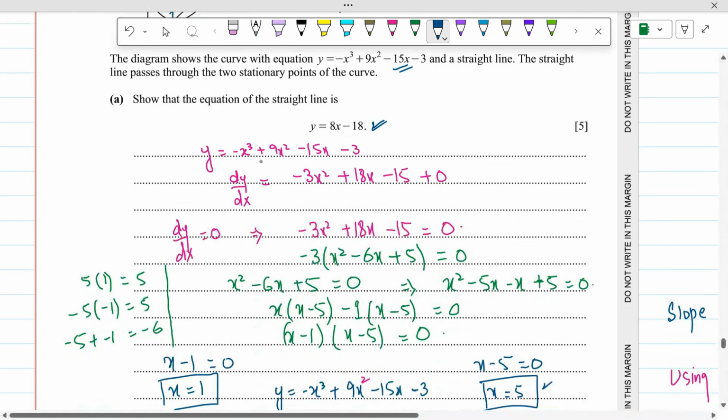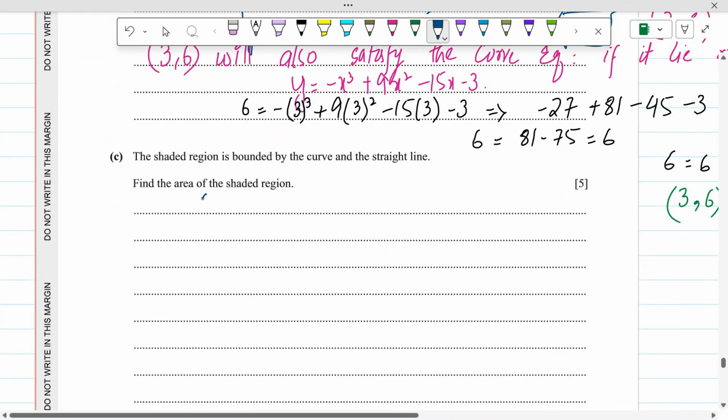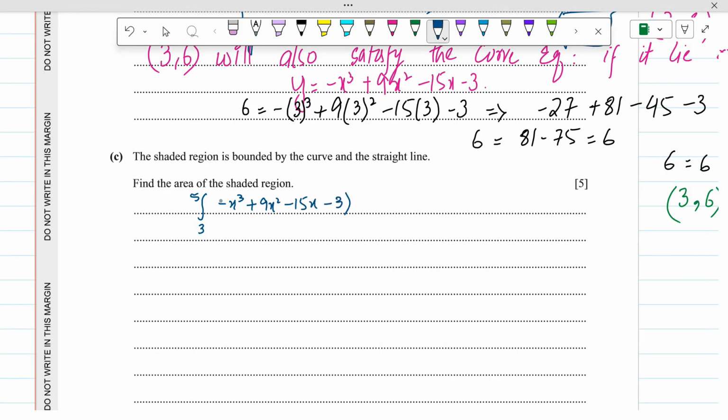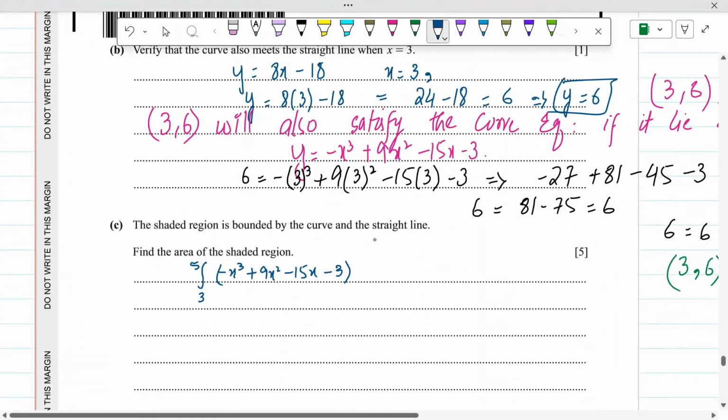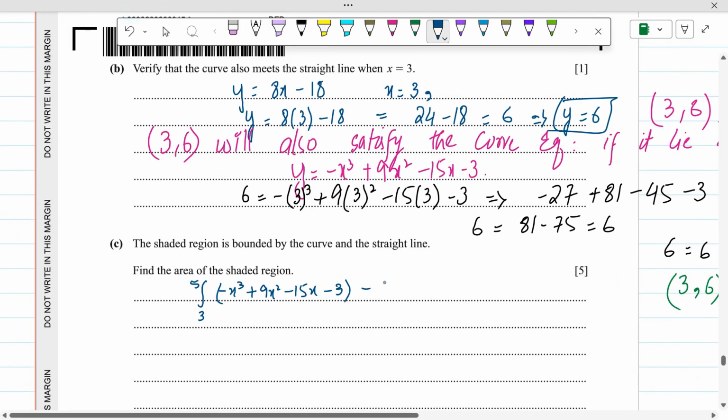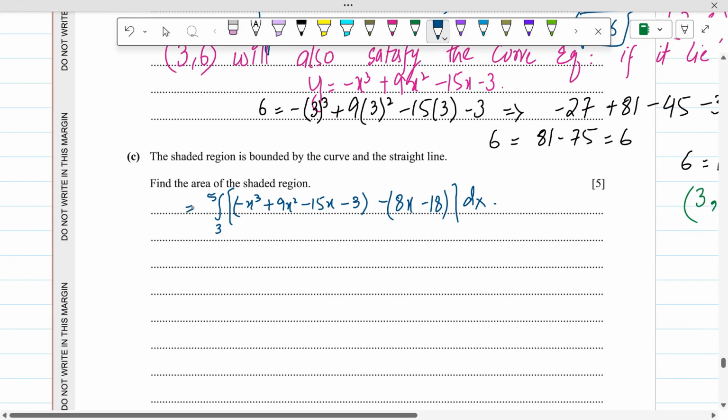So we can apply integration. So integration from 3 to 5 of the curve equation, which is negative x cube plus 9x square minus 15x minus 3, this is the curve equation, minus the line equation, which is 8x minus 18, and this will be integrated with respect to dx, and this is the area of the shaded region.